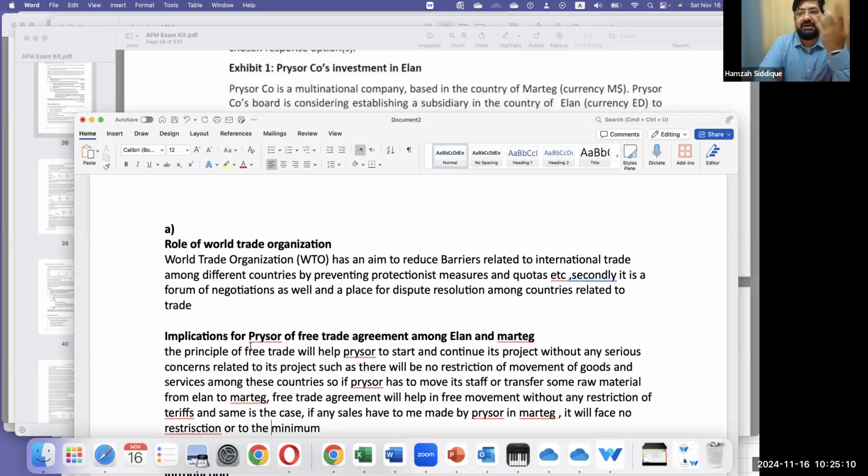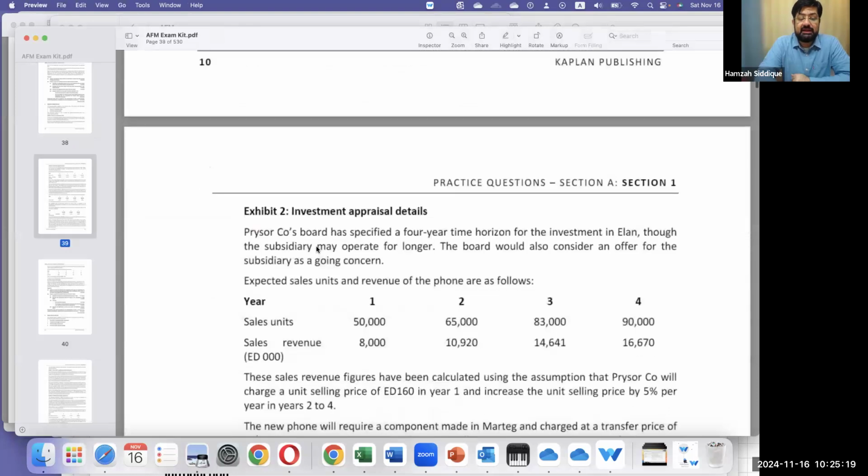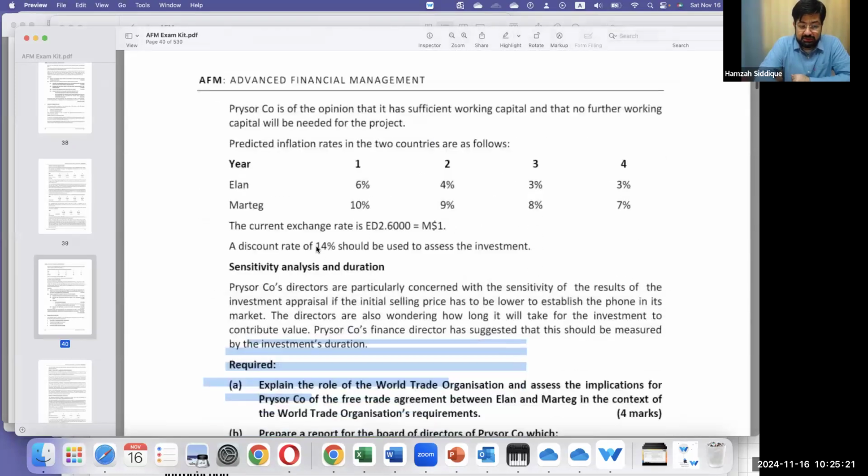Done. 2 marks, done. Applied to scenario. So basically the relationship between the both.